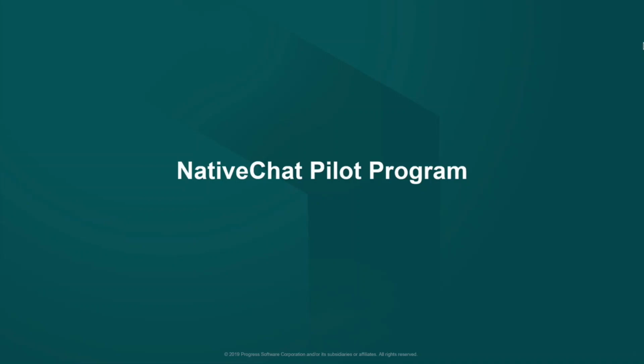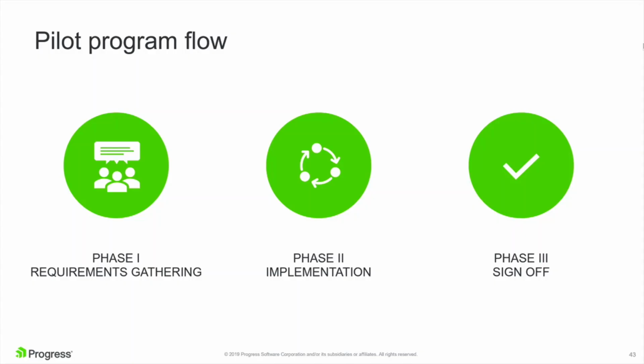The idea is that if you want to introduce a chatbot to your business, you can join our pilot program, where our Native Chat engineering team will work with you across different phases to help you do it. The first phase is a requirements gathering phase. We will work with you to figure out the best scenarios that are important for you.